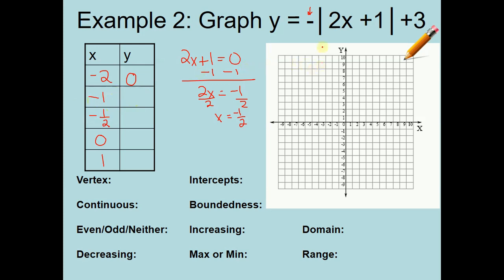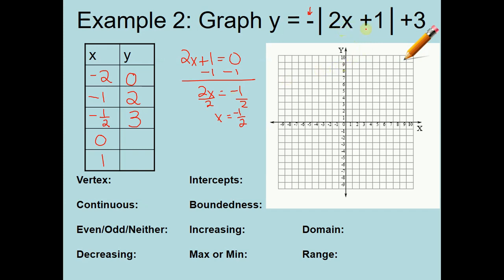Let's plug negative 1 in. So 2 times negative 1, that's negative 2, plus 1, that would be negative 1. Absolute value, 1. Tack the negative back on, negative 1, plus 3, that'd be 2. Negative 1/2 gave us 0 here, so this would be 3.